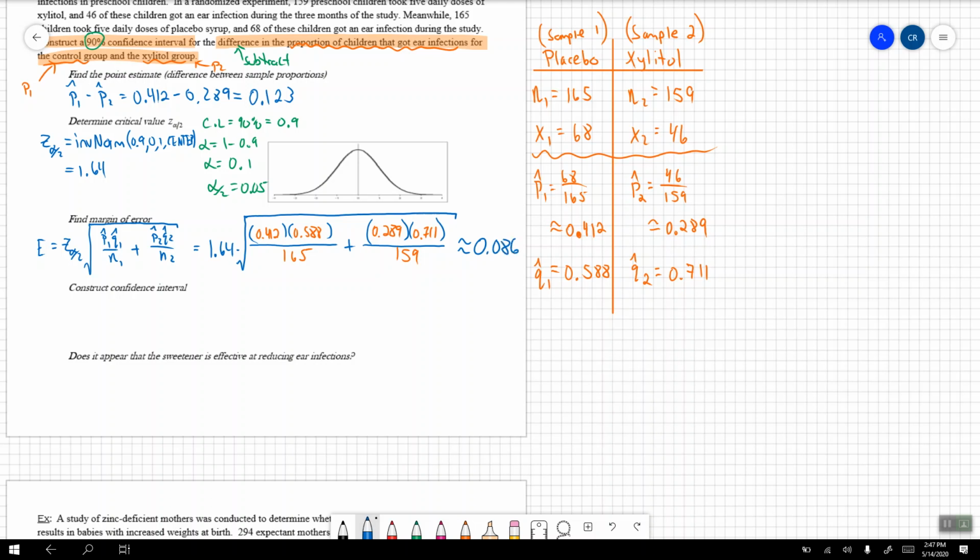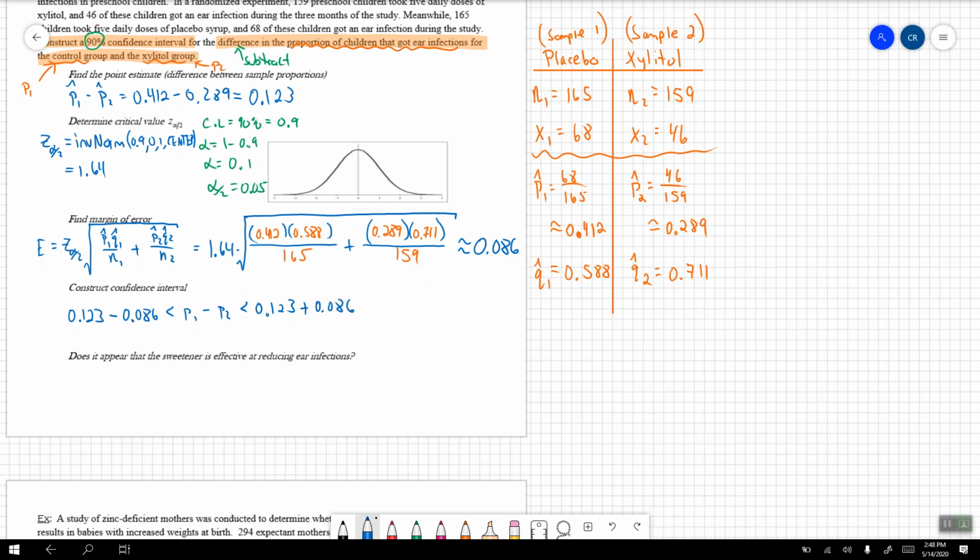So if we want to construct the confidence interval, it just becomes the point estimate, which was 0.123, and then we subtract the error, which is 0.086, less than p1 minus p2, and then the point estimate, 0.123, plus the error, once again, 0.086.